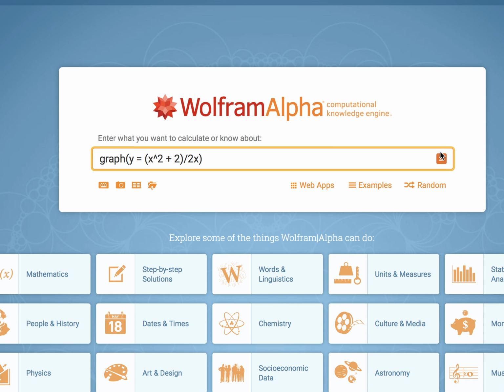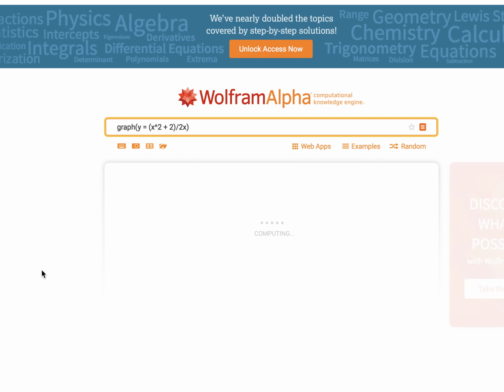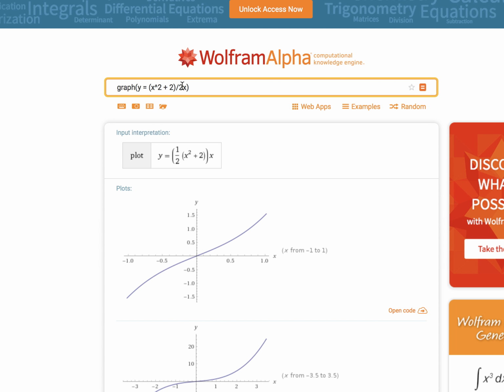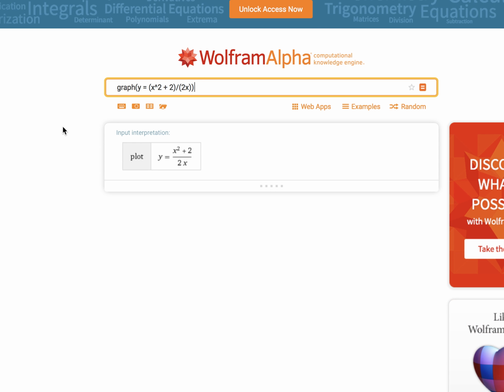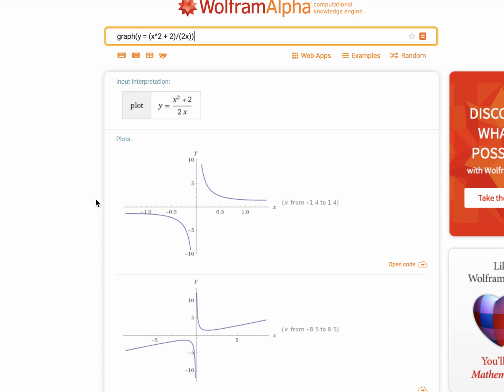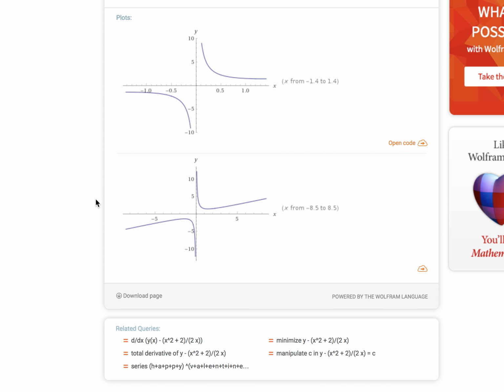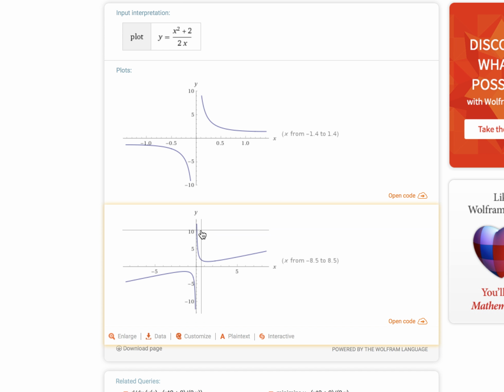Let's just see what happens when we do that. Oops, I meant to divide. I did that thing where I didn't put the parentheses. Okay, so let's divide by 2x. There's my function. And oh, this is really cool. So I've got this plot here, and it looks like I've got some sort of minimum value here, right?